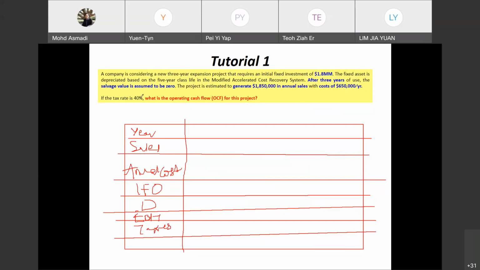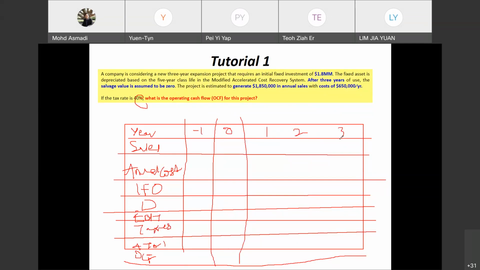Then OCF. Table below. Then -1, 0, 1, 2, 3.